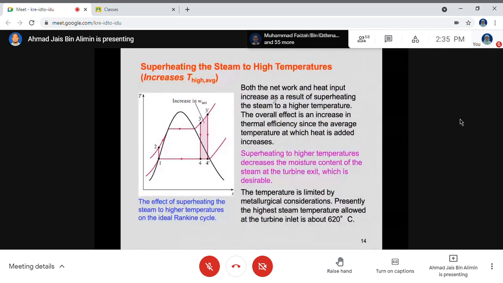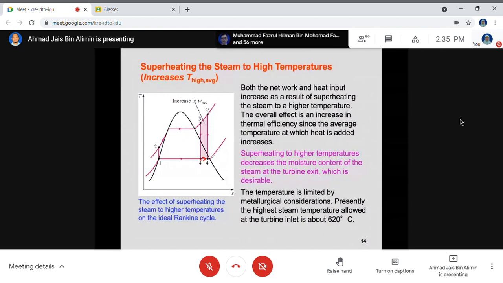Step number 2, superheating the steam to higher temperature. The overall effect is to increase the thermal efficiency since the average temperature at which heat is added increases. So from 4 to 4 derivative, we push everything to the right.